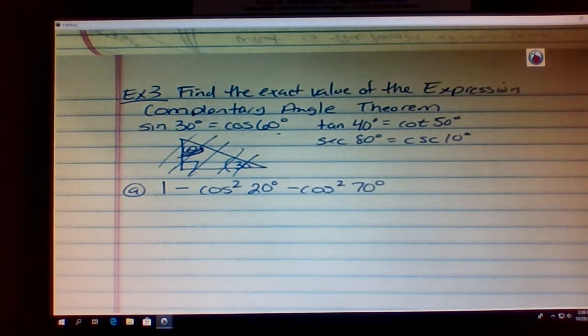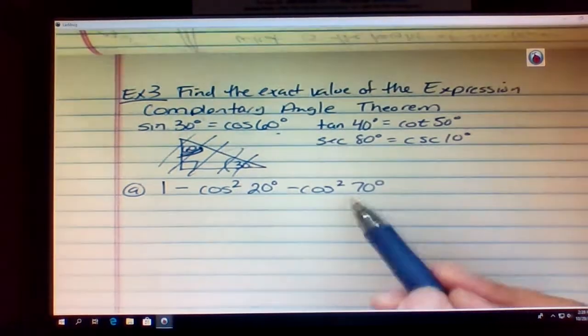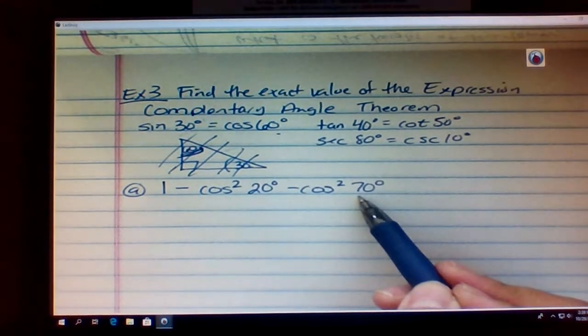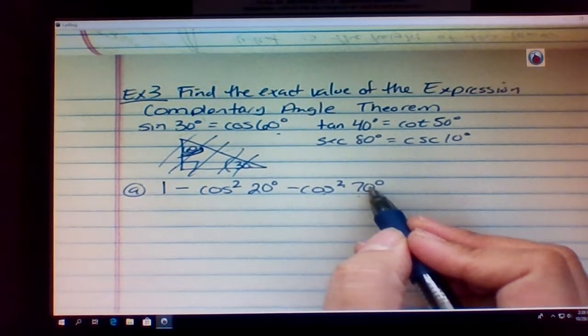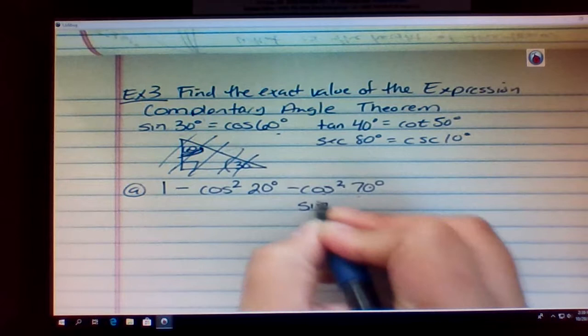This 70 I could get from subtracting 70 from 90, which gives me 20. So cosine squared of 70 is the same thing as sine squared of 20 degrees.